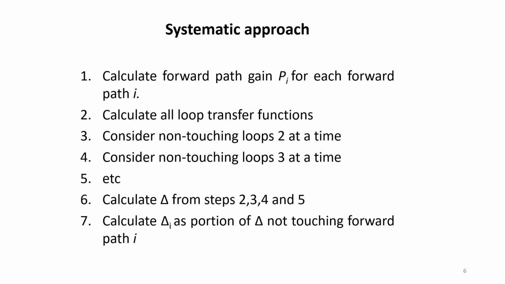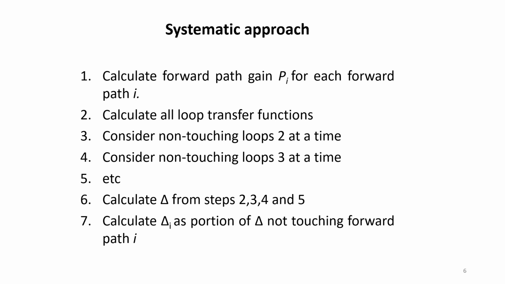Once all the loops are evaluated, the third step is to consider the non-touching loops, two at a time. That means you need to find two non-touching loops if available. Similarly, find three non-touching loops if available, and similarly four non-touching loops, five non-touching loops, and so on. You need to determine all these non-touching loops.